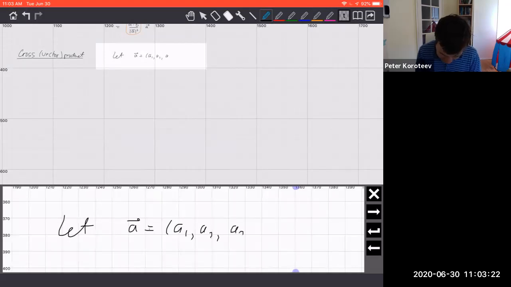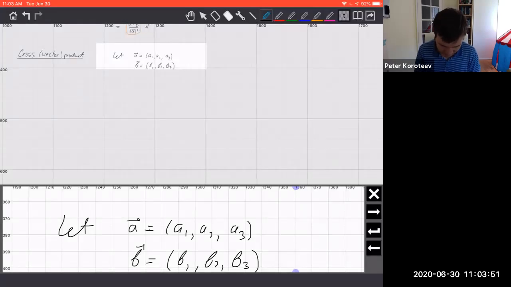Now, here's an important difference between cross product and dot product. Well, there are plenty, but probably the most important one is that cross product, defined as such, only exists in 3 dimensions. You'll see in a moment why. And then B is equal to B1, B2, B3.